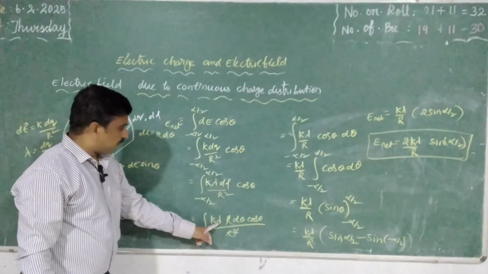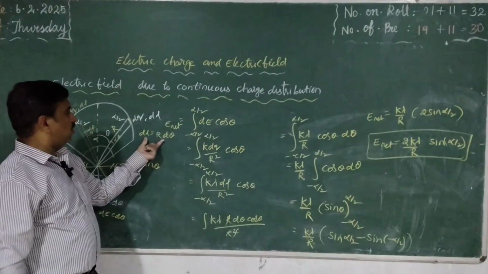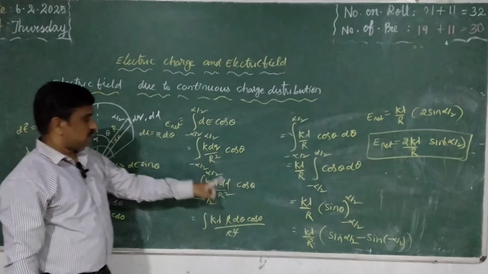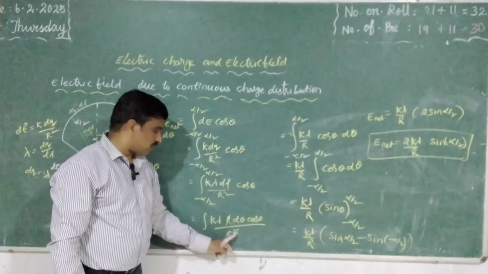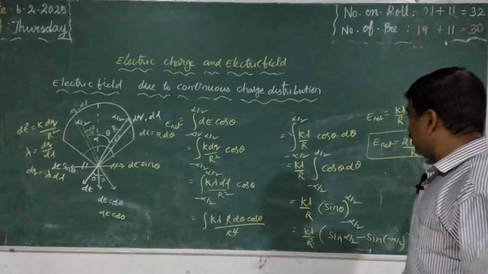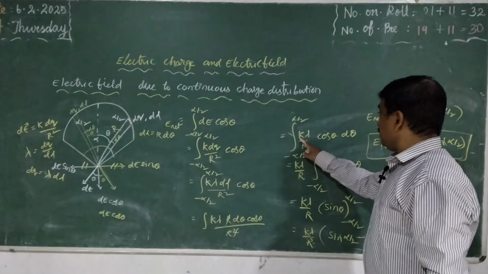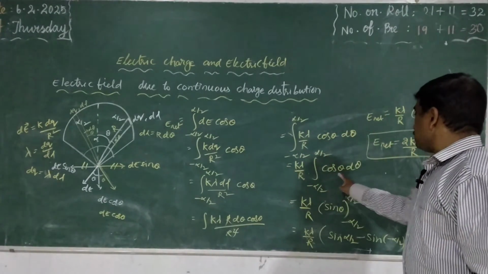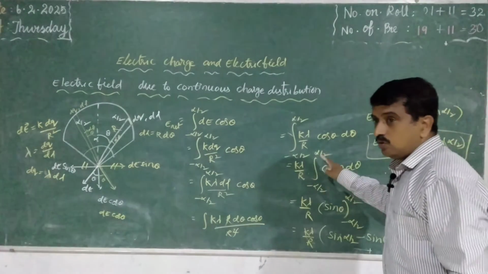Here dl equals r d theta, arc radius into d theta. So r cancels, and we get k lambda by r cos theta d theta. Since k lambda by r is constant, we write it outside the integral: the integral of cos theta d theta from minus alpha by 2 to plus alpha by 2.